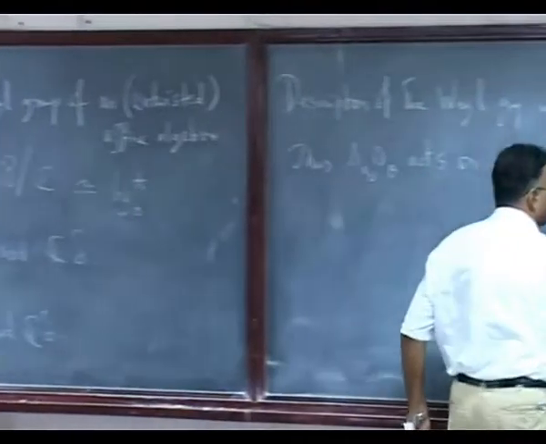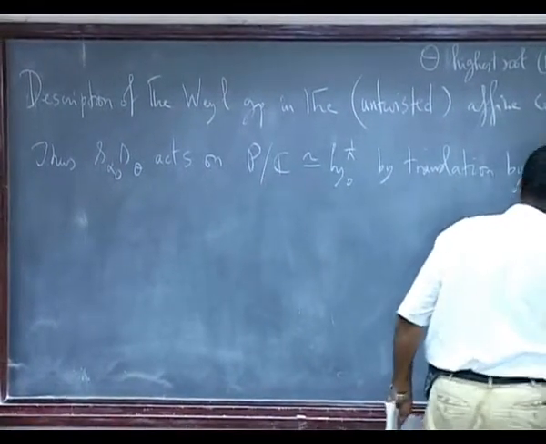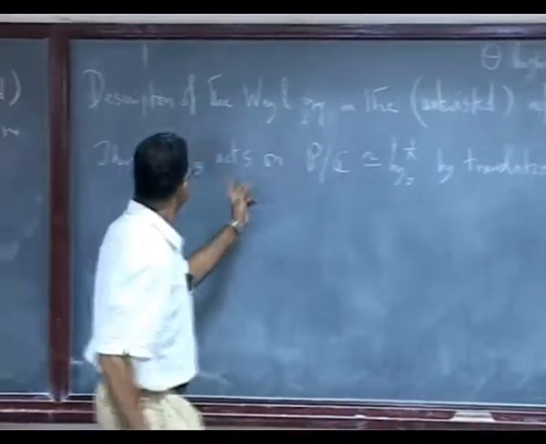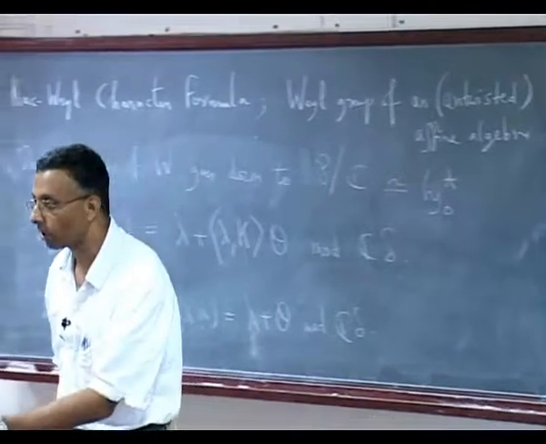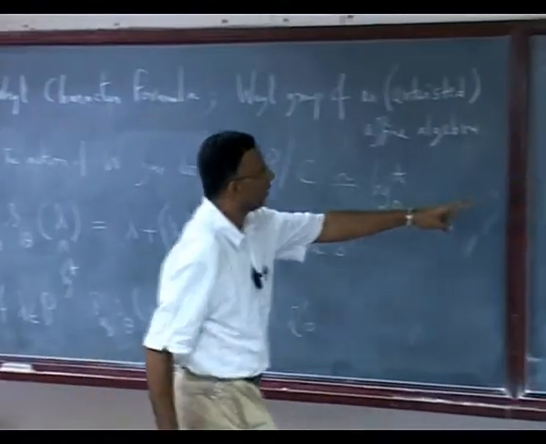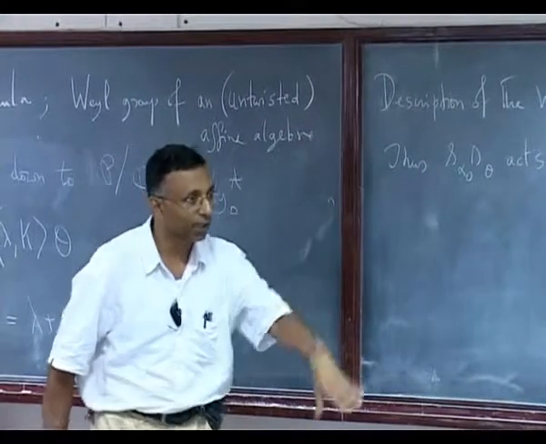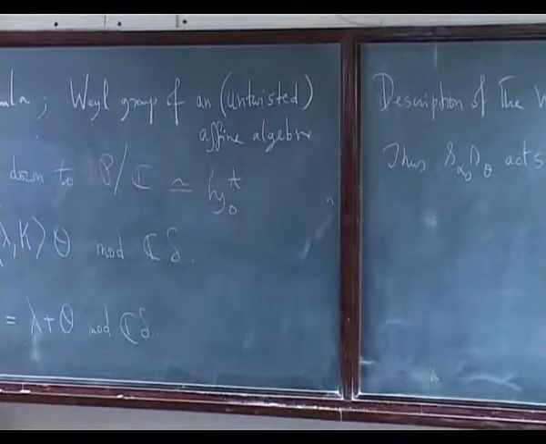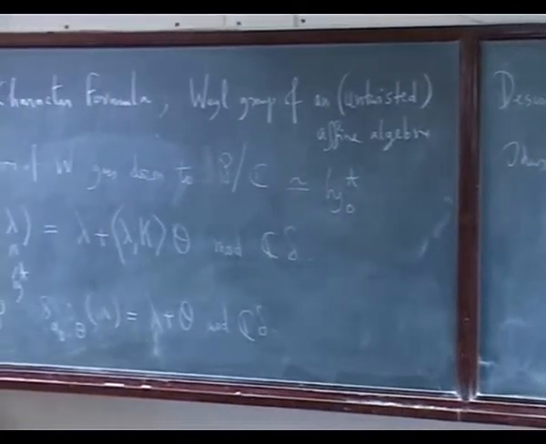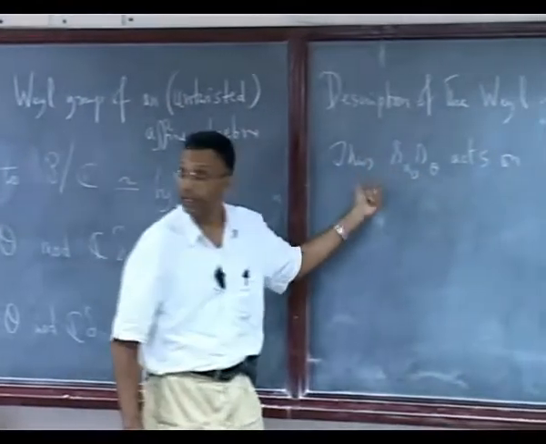So see what our Weyl group is. It is generated by S alpha 1 through S alpha L and S alpha naught. S theta is something in the finite Weyl group, so it will be some product of the S alpha i's for i between 1 and L. So I could replace the generator S alpha naught by S alpha naught S theta.